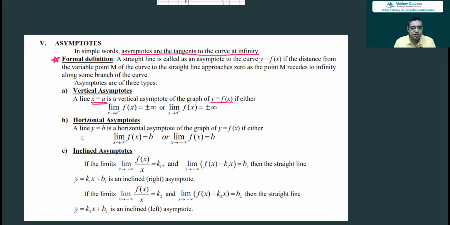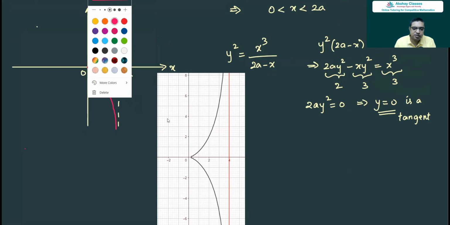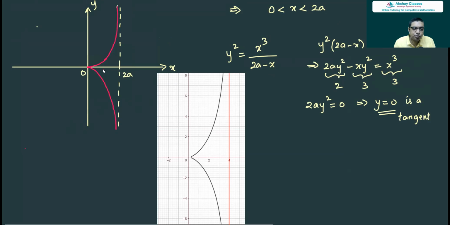In the previous question that we did, we found the vertical asymptote like this: as x tends to 2a minus, y tends to infinity, because y square goes to infinity. So y will go to both plus infinity and minus infinity.